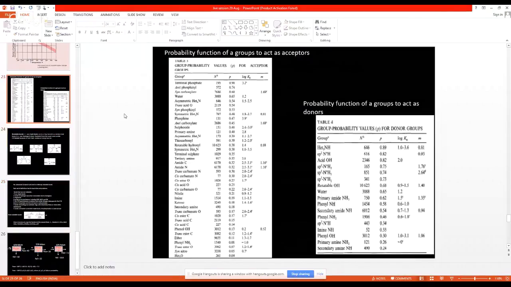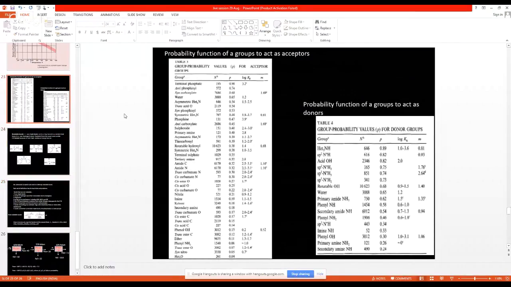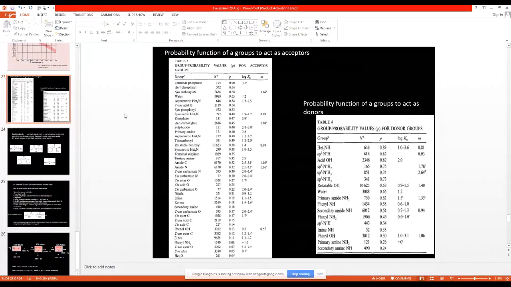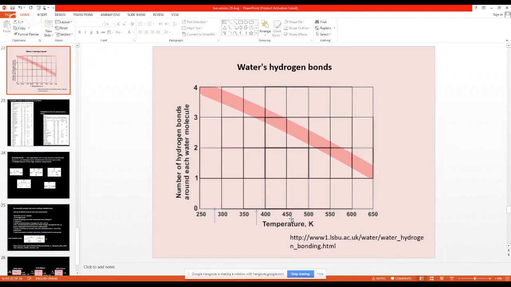And also hydrogen bonds, being directional in nature, depend on how the functional groups are present, or how the conformation of the functional groups which can form hydrogen bonds is present, and that determines whether it forms a hydrogen bond or not. And as I showed you for water from this reference, it can change quite a lot depending upon temperature also.